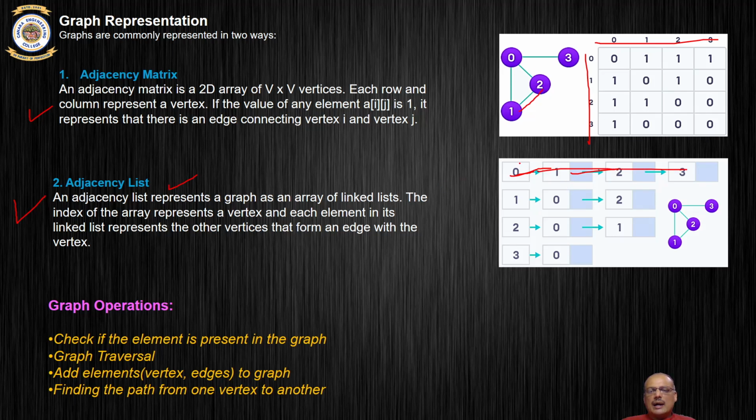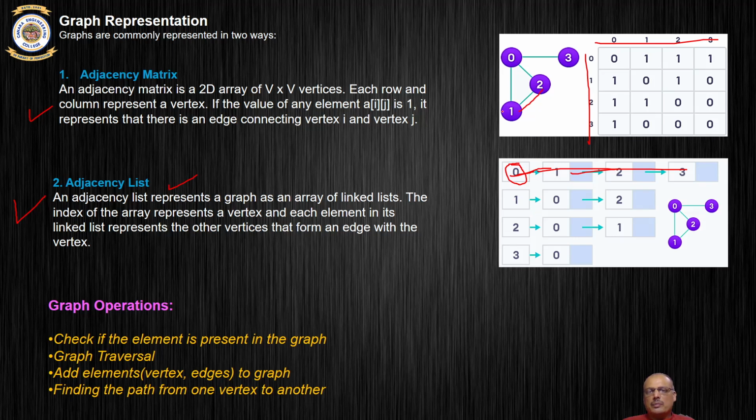So a given node is represented as a linked list with respect to the nodes that it is interconnected to. So node 0 basically gets connected to 1, 2 and 3. So we have a linked list of this kind. Similarly, node 1 gets connected to 2 and 0.